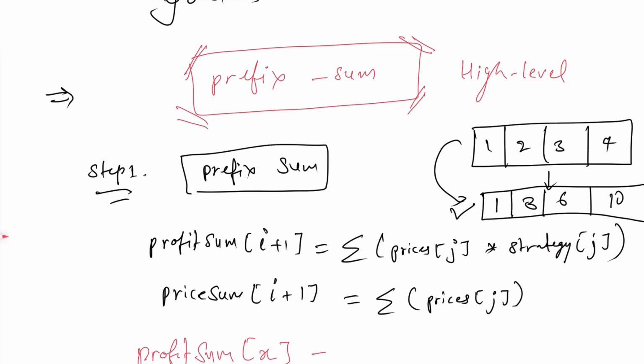It means the profit if we don't change anything in 0 to x minus 1.